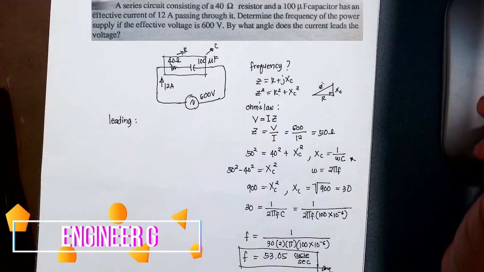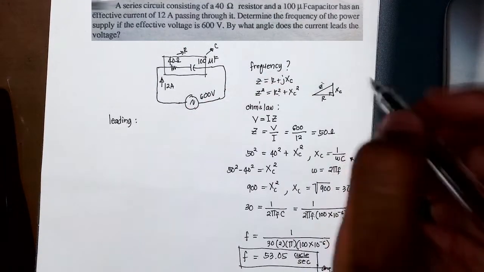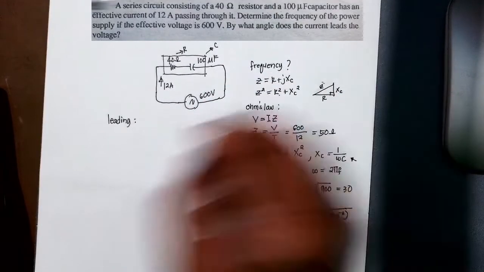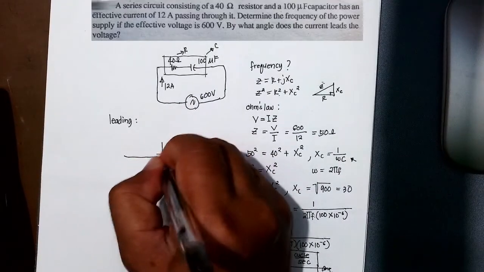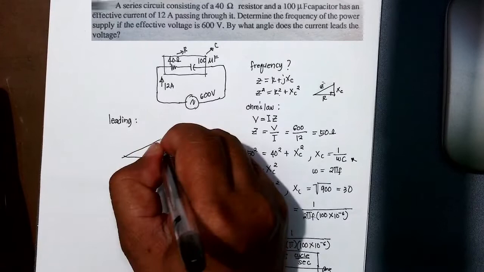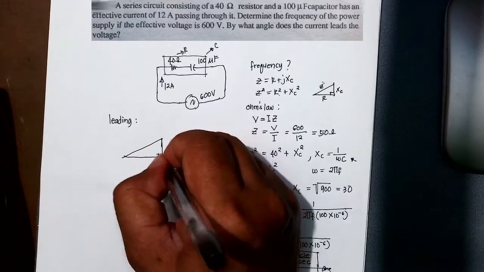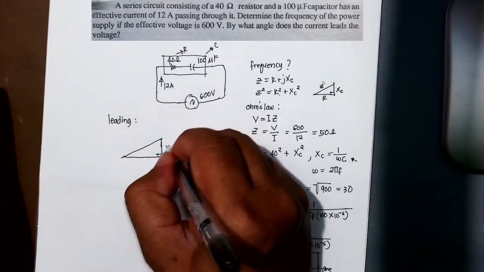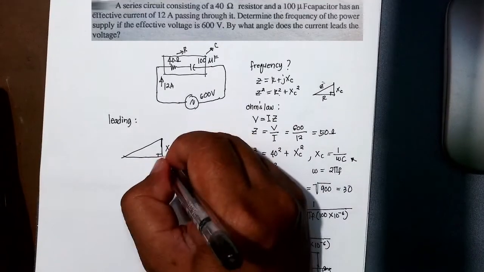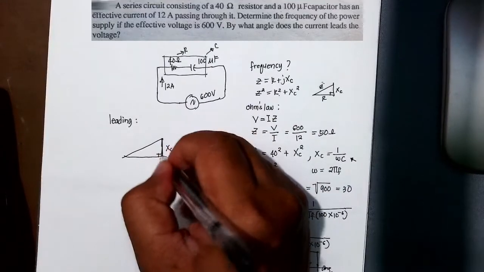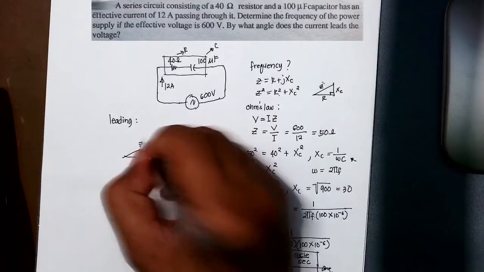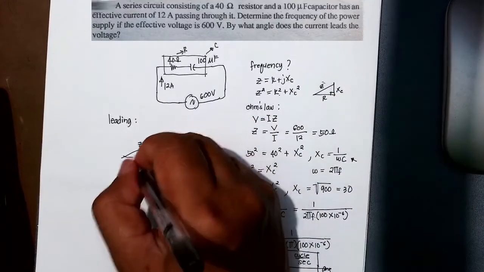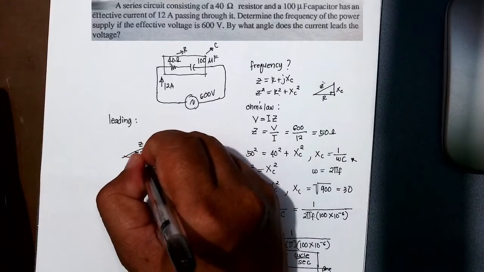So simple. We just use the idea that we are using this right triangle, that our XC is on this side, and this is our R, and this is our Z. So the angle that we are looking for is this one, that is theta.